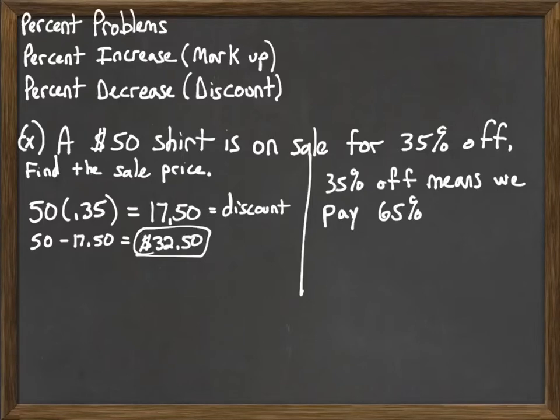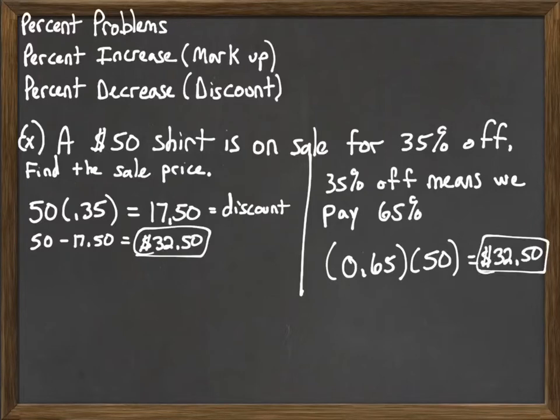Rather than taking 35%, getting an answer, and then subtracting it from 50, we can just realize that we pay 65% of 50. So we just multiply 0.65 times 50 and we get that same answer, $32.50, except this time we get the answer a whole lot quicker.